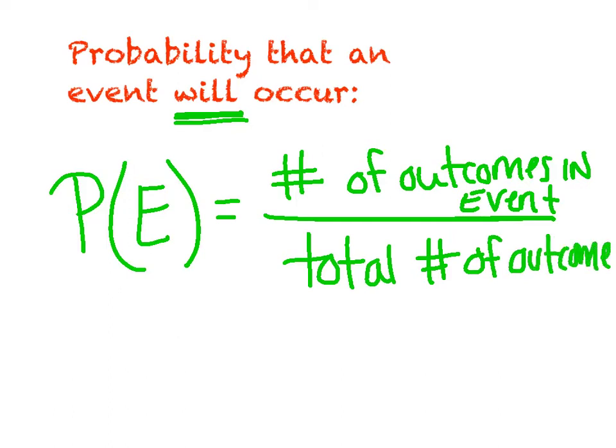So it's kind of like a part over whole, or what you want to happen out of the total. The number of outcomes in the event over the total amount of outcomes.